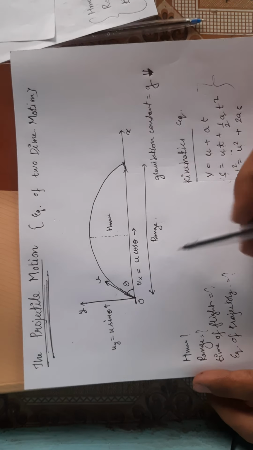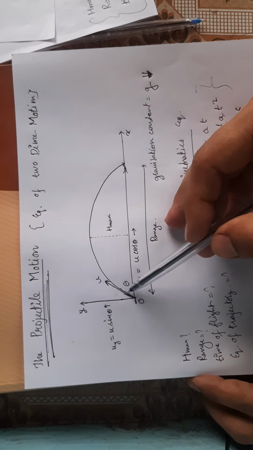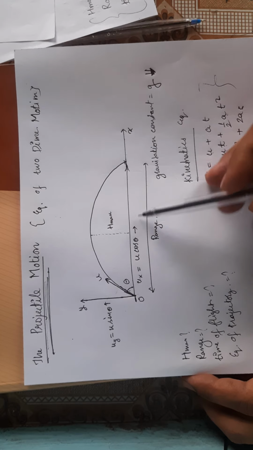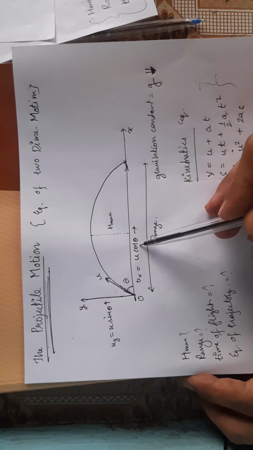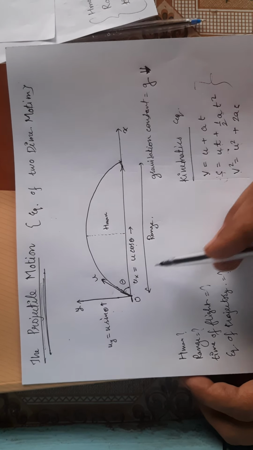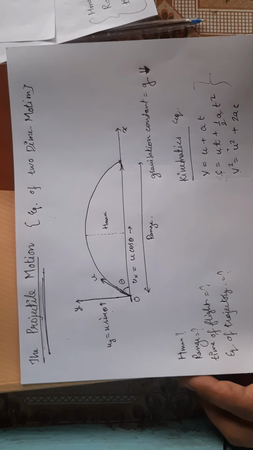Okay, so we also resolve this velocity into two components. The initial velocity along the horizontal is u cos theta, and along the vertical direction it will be u sin theta.